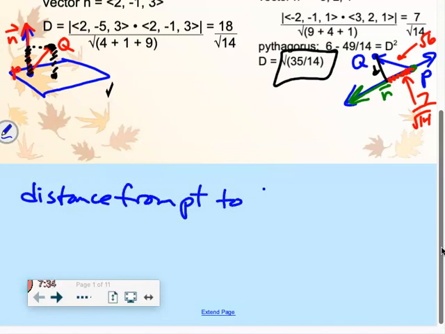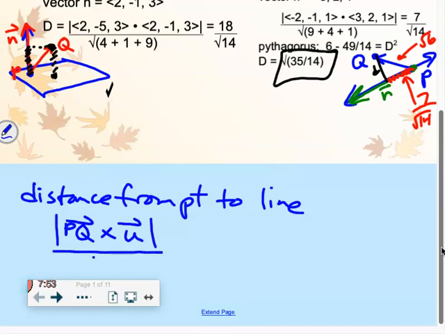What's the formula? I'm ready. So it's the magnitude of the cross product of the vector PQ and u, what I called n, or you could call u, over the magnitude of the vector.